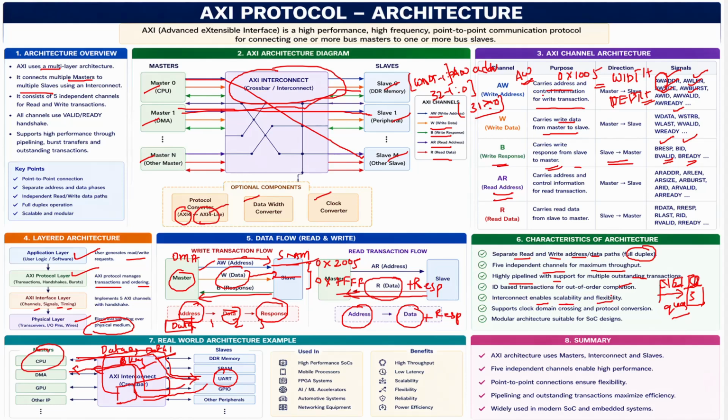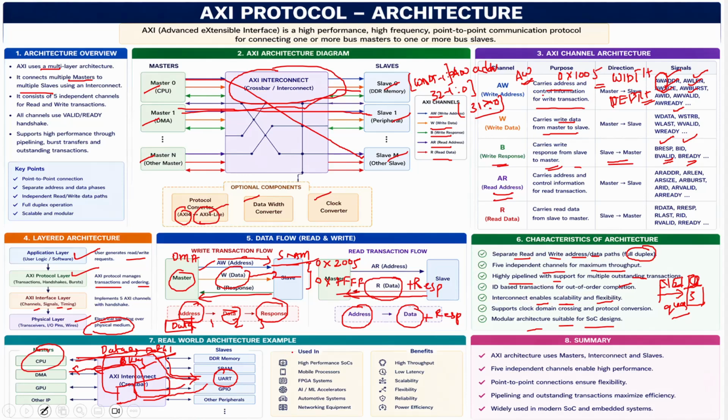How many slaves we are communicating with will be scalable, and flexibility is also there in which slave we are communicating with which master. There is no problem, it will communicate. Okay, modular architecture and suitable for SoC designs. So these are the key characteristics of the AXI protocol. This is the architecture we told you, right?